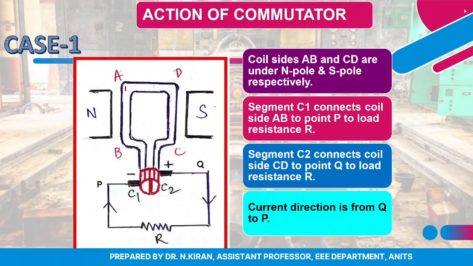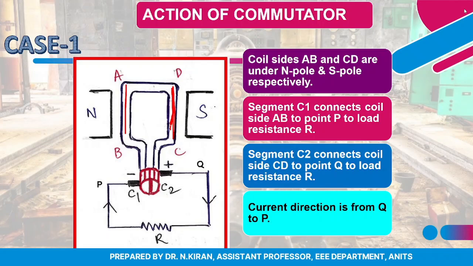Here this is one conductor and this is one more conductor, that is, the coil sides we have assumed, A, B and C, D. One is under the influence of the north pole and another is under the influence of the south pole, and the AB coil side is connected to copper commutator segment C1, whereas the other segment C2 is connected to the conductor CD.